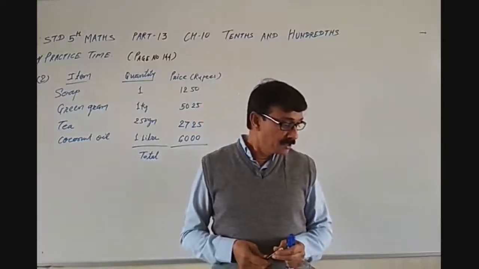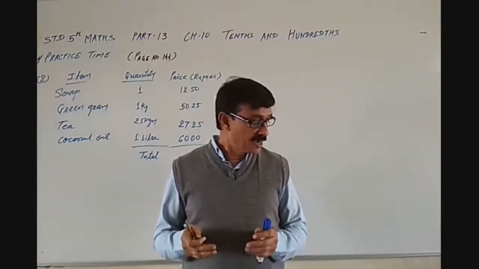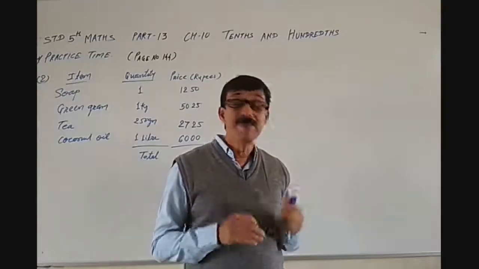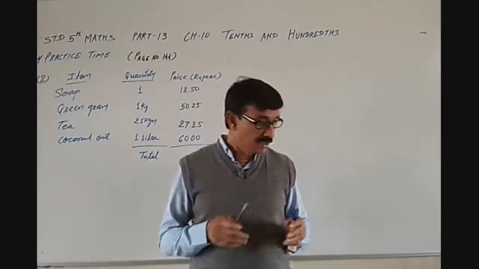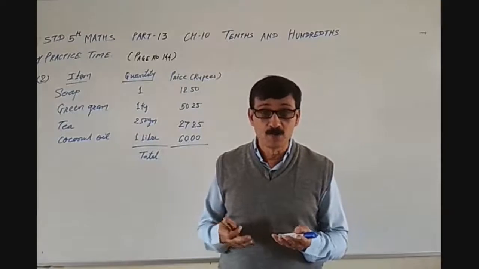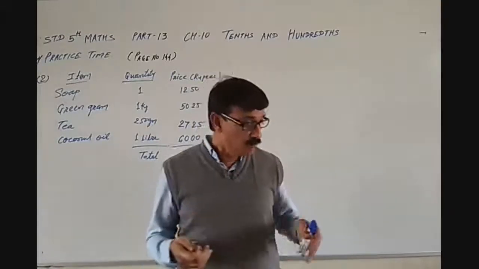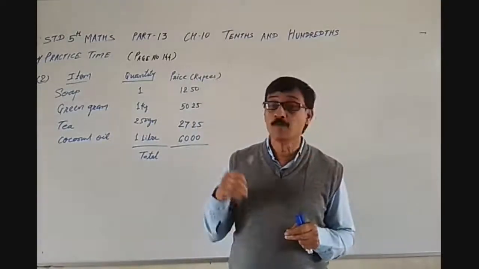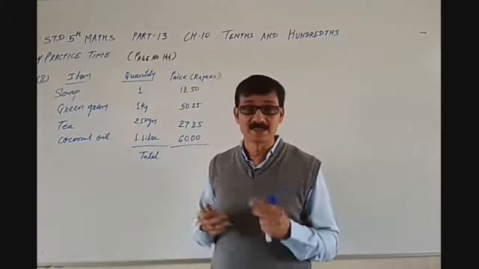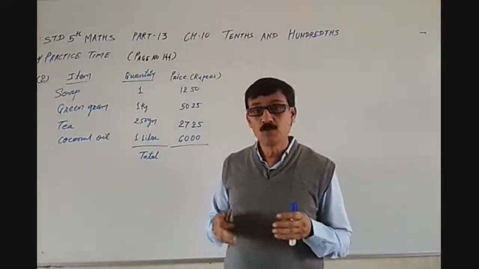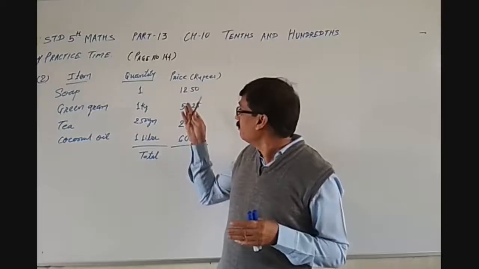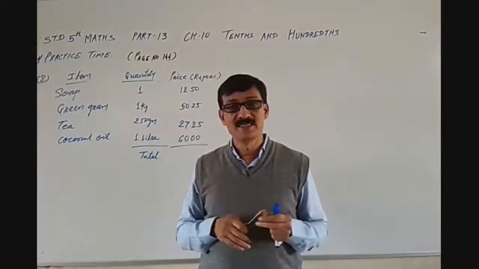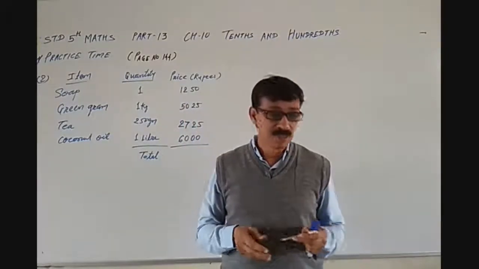Put the point in the correct place and find out the total amount of the bill. Kiran went with 200 rupees, but unfortunately the shopkeeper forgot to put a point in the price. So first of all we will put the correct point in the price, and then we will go for the bill.